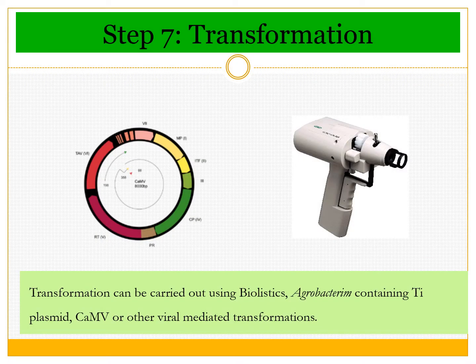So once you have your construct ready, you can transform it using any of the methods. You can use biolistic methods, what is known as the gene gun, in which case your genes are coated onto nanoparticles of gold and then ballistically introduced into the plant using a high pressure volume of air or nitrogen.